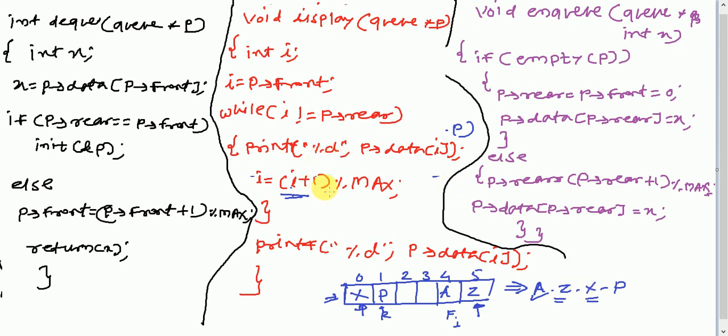Now I plus 1, so 0 plus 1 is 1, 1 mod 6 is 1, but now here my P of rear is also 1, so that time this loop will break, and then I will print here the last data of 1, so data of 1 is p, so that will print here p, and here it completes our display function. Okay, so we note down this insert queue, delete queue and display function over here.